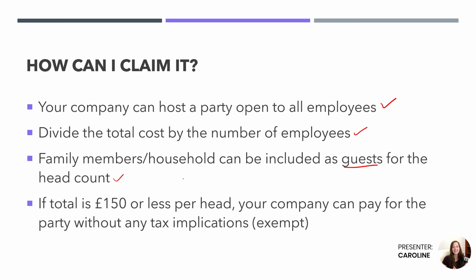If the total amount, once you divide the total cost by the number of people that attended, is less than £150 per head, or exactly £150 per head, then your company can pay for the party without any tax implications for your employees. Basically it is exempt and it doesn't need to be reported on a P11D or anything like that.